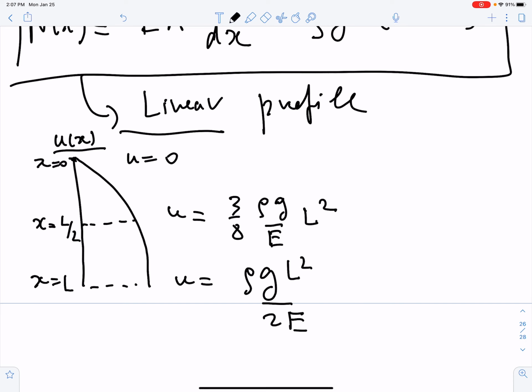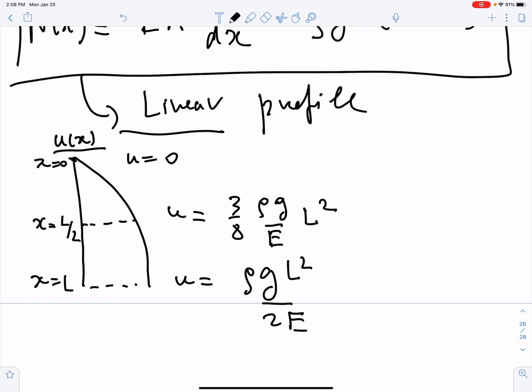So when you're designing cables, if I increase the length by a factor of 2, I'll increase the overall displacement by a factor of 4. If I reduce my Young's modulus, the stiffness, by a factor of 2, the displacement increases by a factor of 2. So it's interesting to see these things.